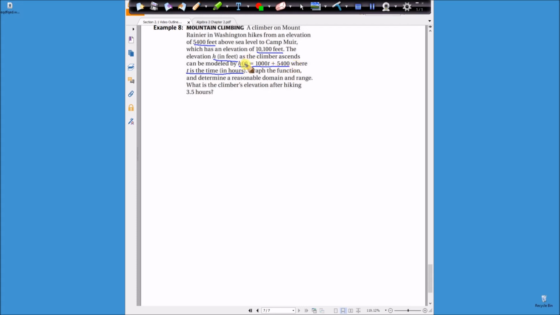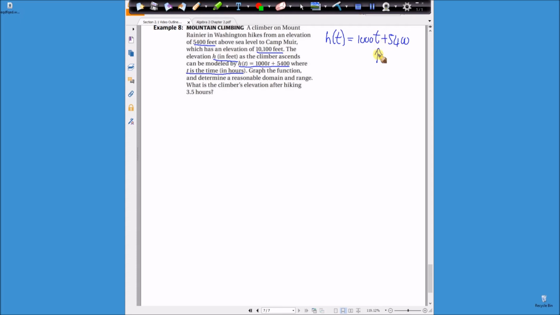Let me write that down. h of t equals 1,000 t plus 5,400. In this case, the independent variable is t. The input is t, which is time in hours.